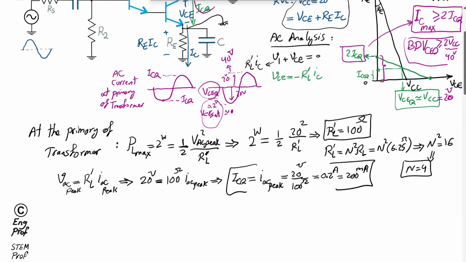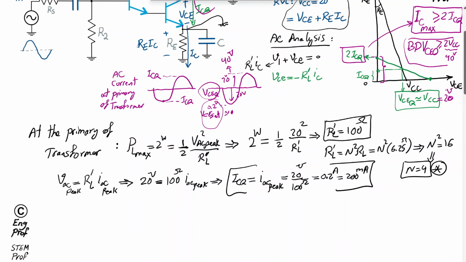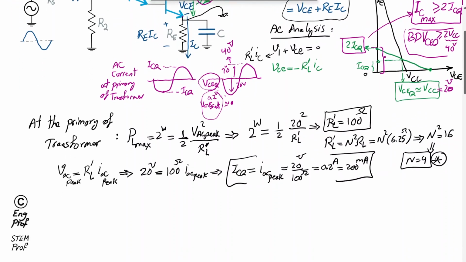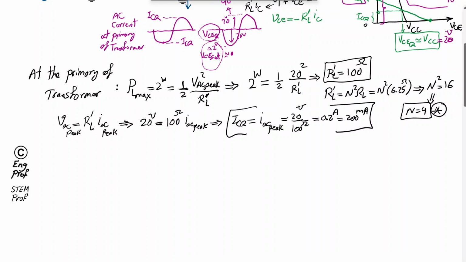Okay, so we found the number of turns, and we found also the ICQ. So in this case, I would say pick the transistor.